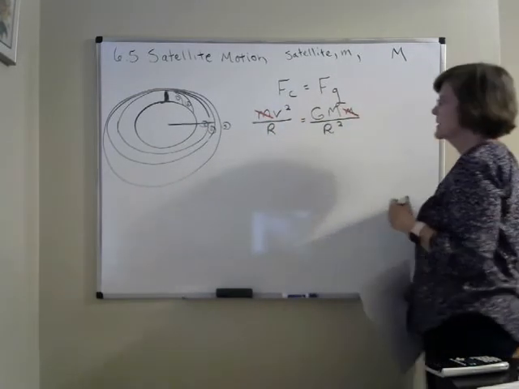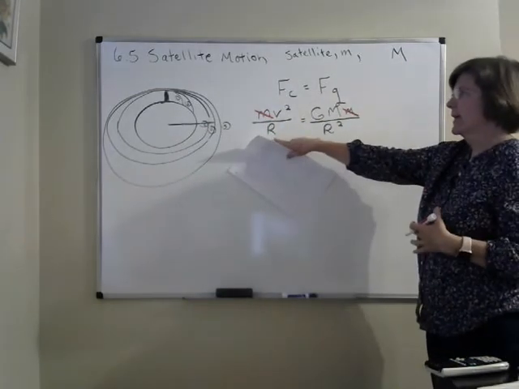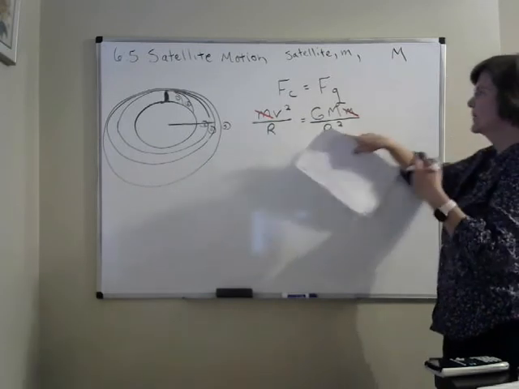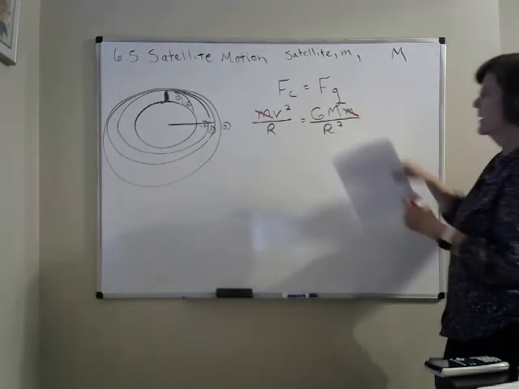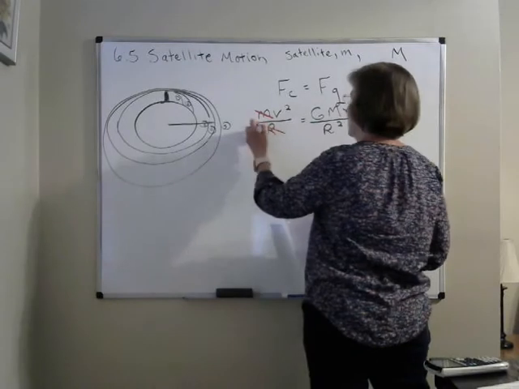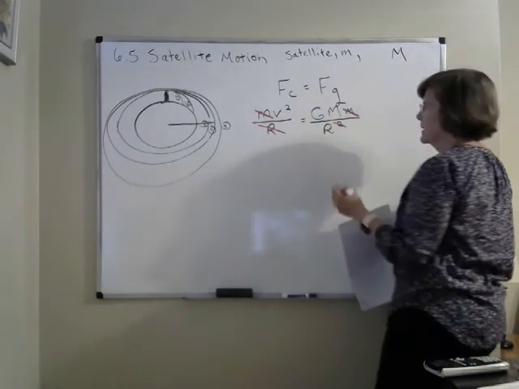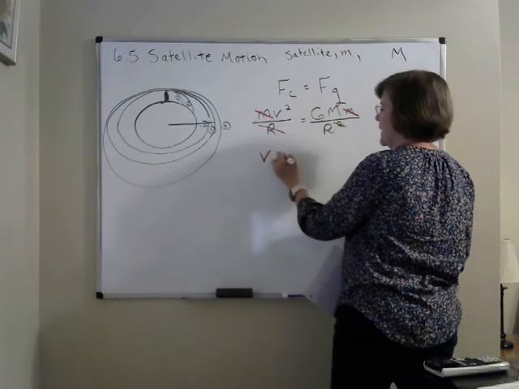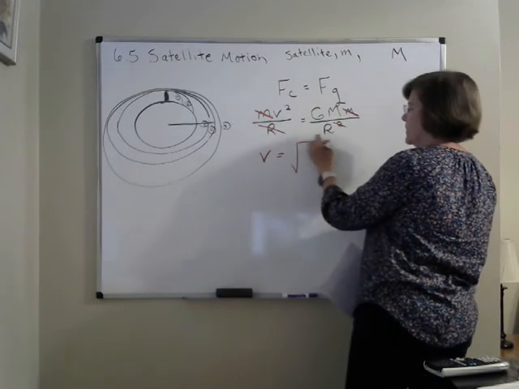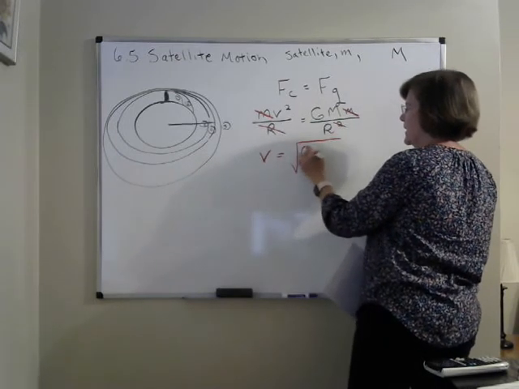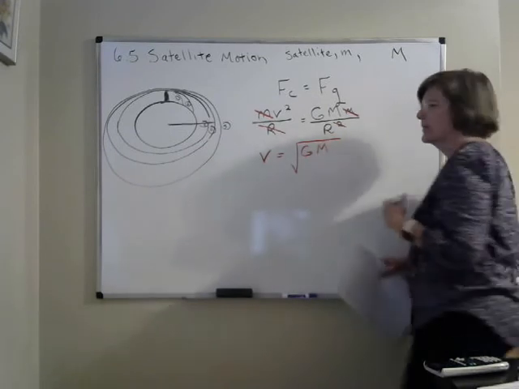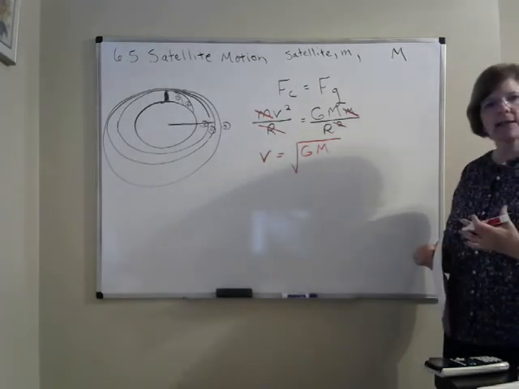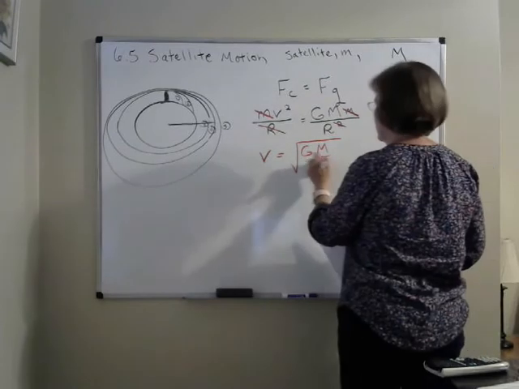We also see that we are dividing by r here in the centripetal force and dividing by r squared here, so we can cancel out one of the r's. And we get this new formula that says that the speed of a satellite has to equal the square root of G times the mass of the planet, or whatever's at the center, over r.